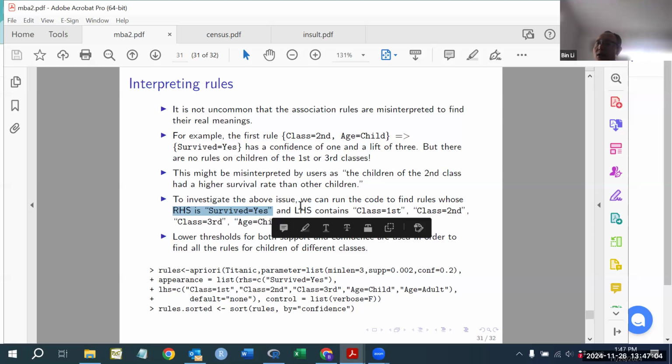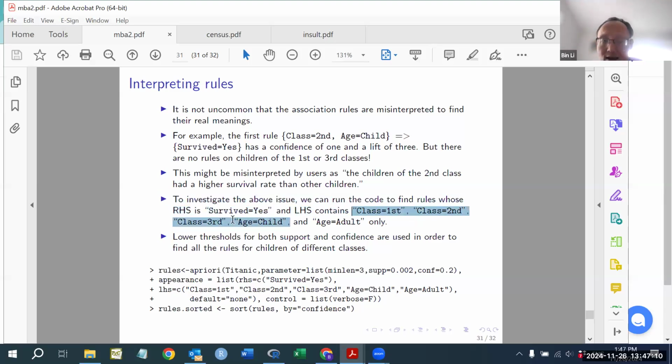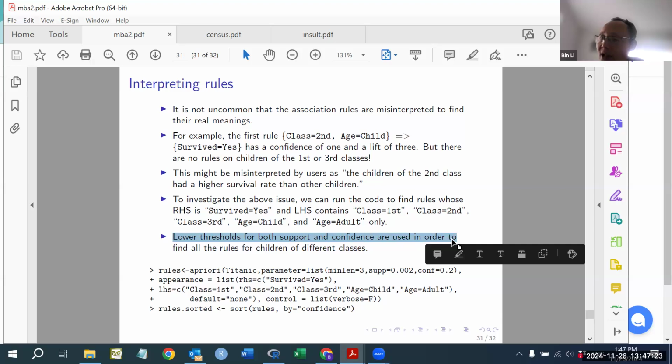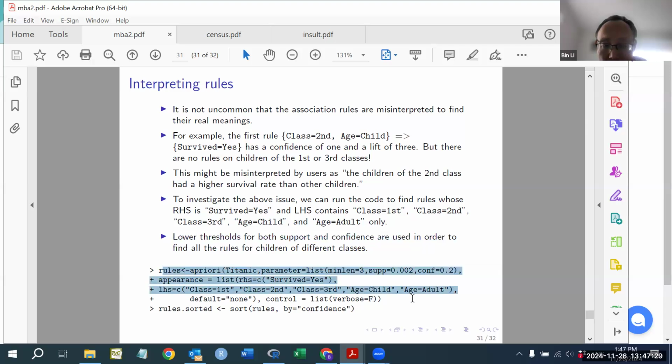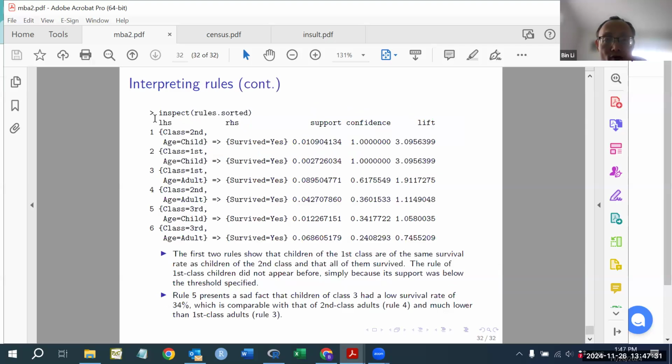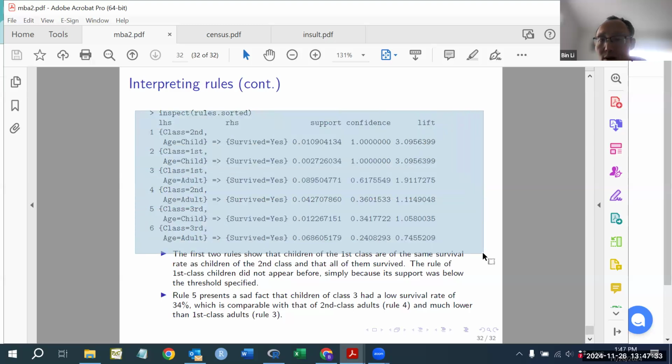But for the antecedent, we can have either first class, second class, third class, age is children, or age is adult only. Okay, so we lower the threshold for both support and confidence just to make sure we include all the rules. So we rerun this code, and then we found 6 rules.